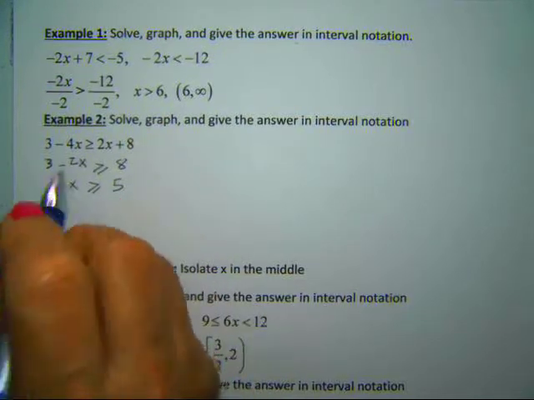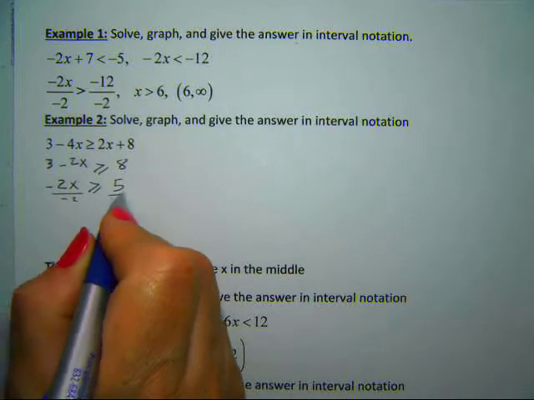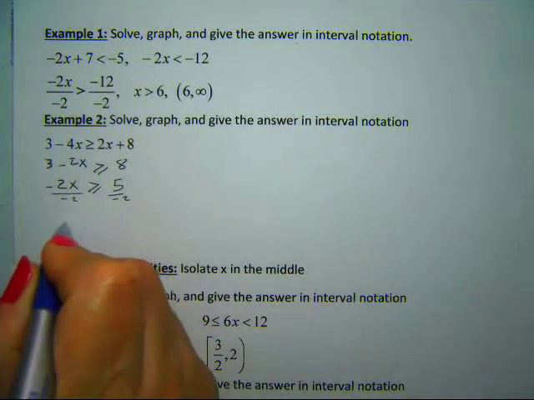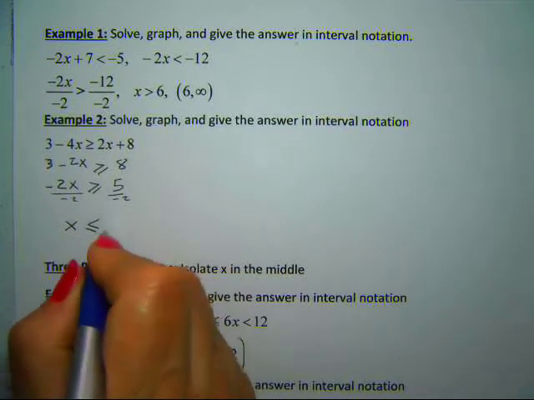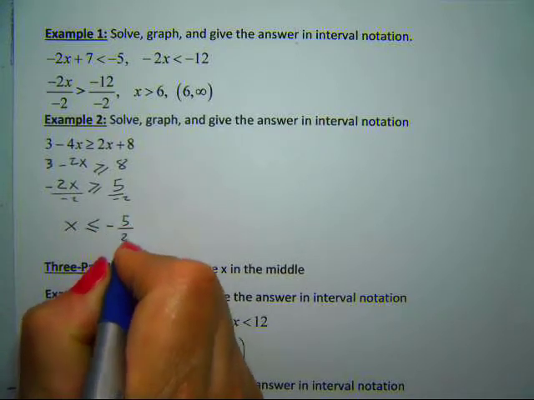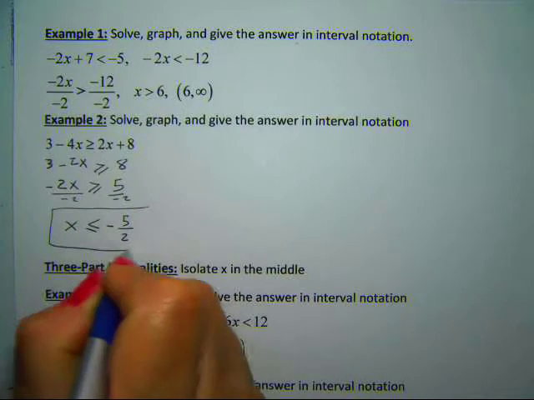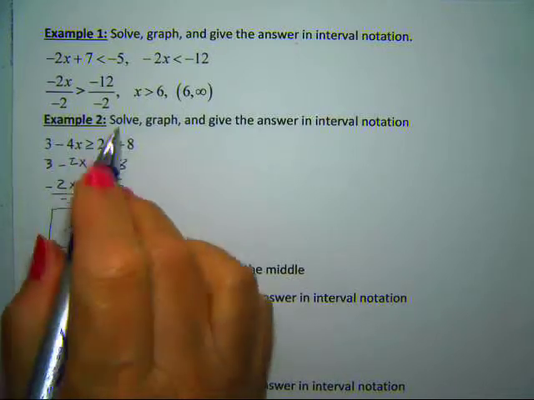Now to solve for x, we need to divide by a negative 2. That's a negative number. So what are we going to do? Switch the sign to less than or equal to negative 5/2. That is one part, which is the solving.